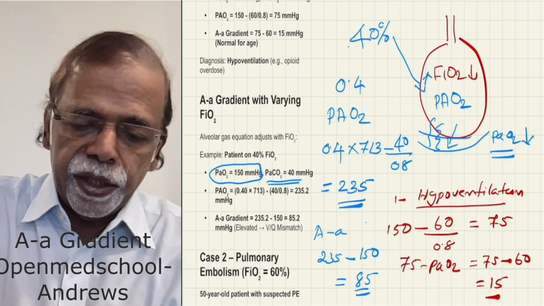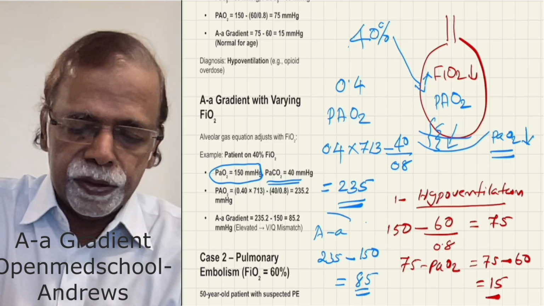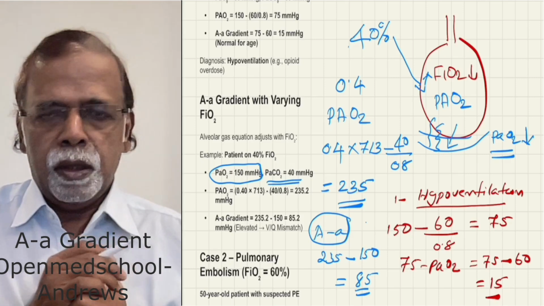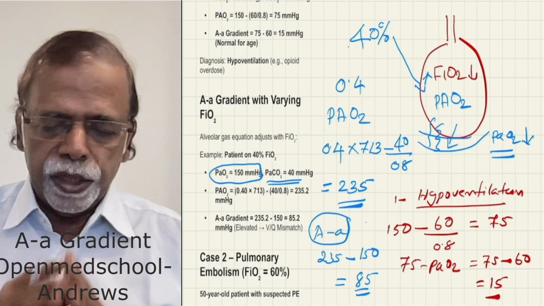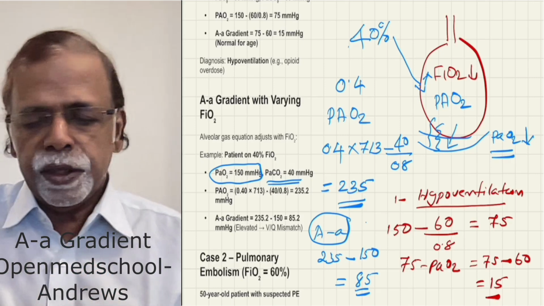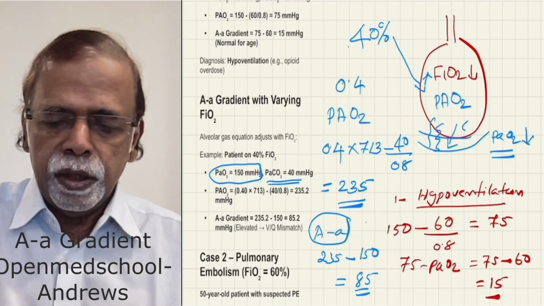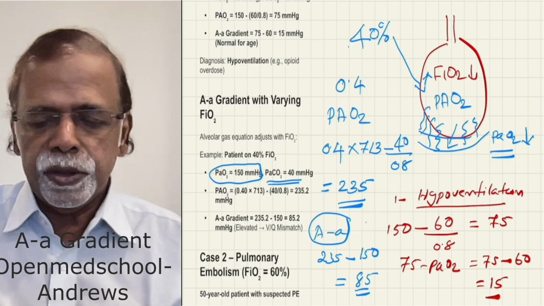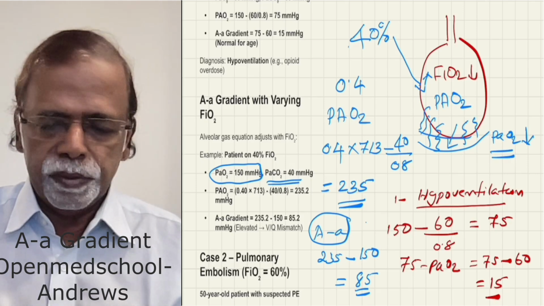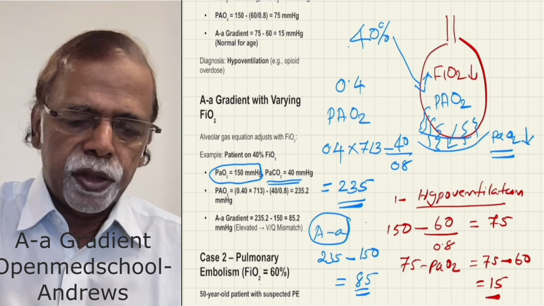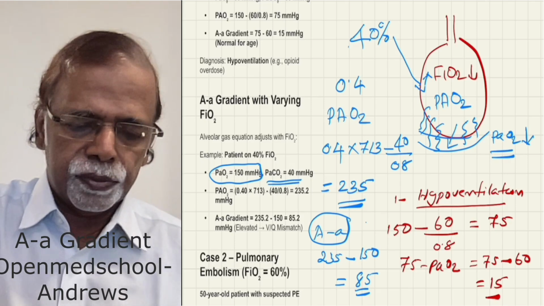So here the AA gradient is increased. What does it indicate? This indicates that there is a problem in the alveoli. The diffusion of oxygen across the alveolus is not functioning properly.